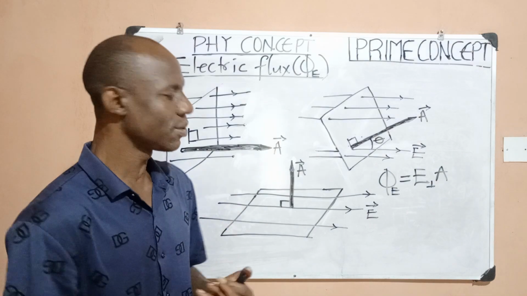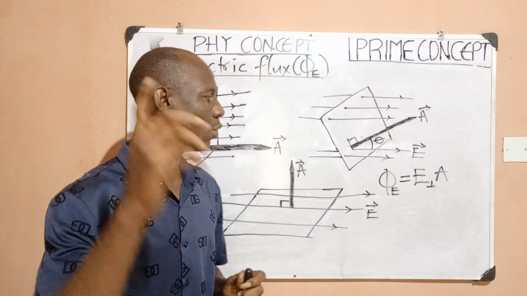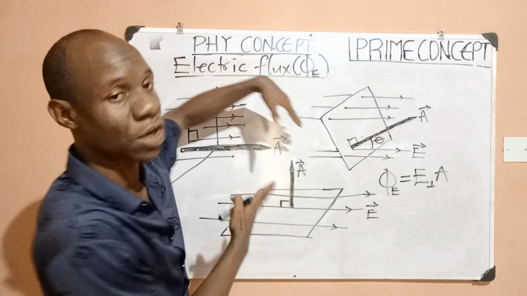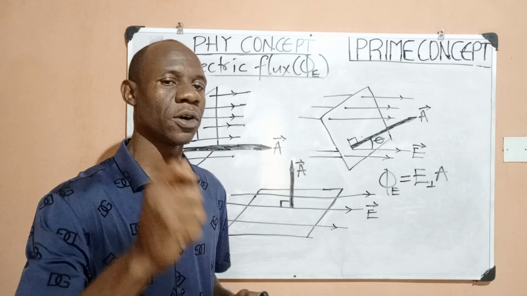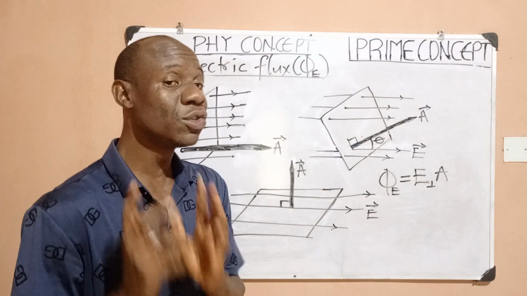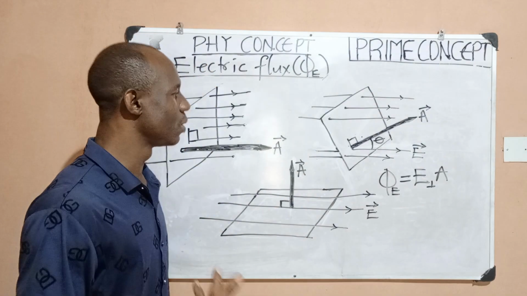Now we're going to generalize this formula and come to a better conclusion. But I want you to know that the formula I'm giving you, and what we're analyzing currently, is electric flux for a uniform electric field. Now, when we say uniform electric field, what do we mean by that?